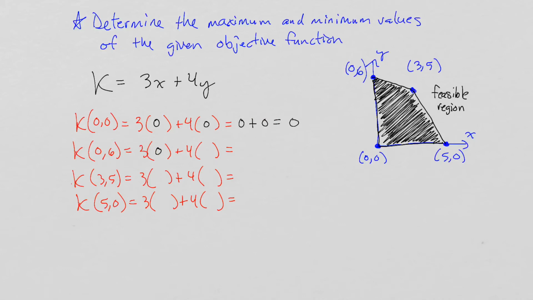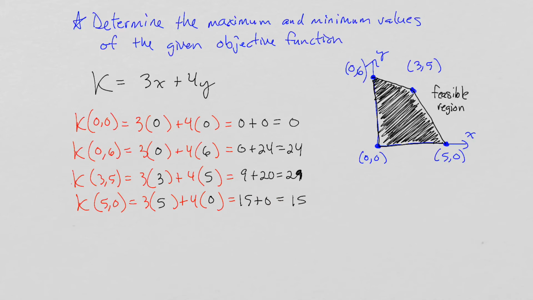And then 0 for x, 6 for y is going to produce 0 plus 24, which is 24. Then we're going to put 3 and 5 in here, 3 for x and 5 for y. That's going to give us 9 plus 20, which is 29. And we have 5 for x and 0 for y, which is going to give us 15 plus 0, which is 15.